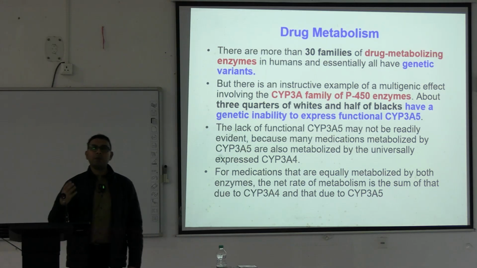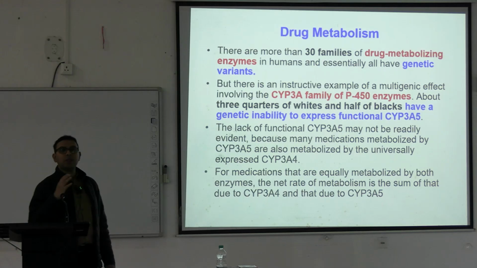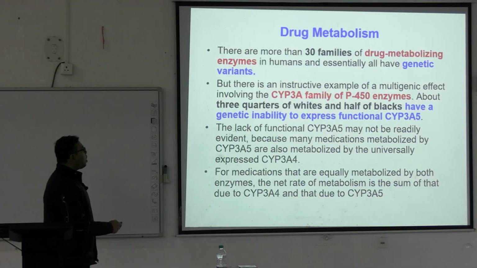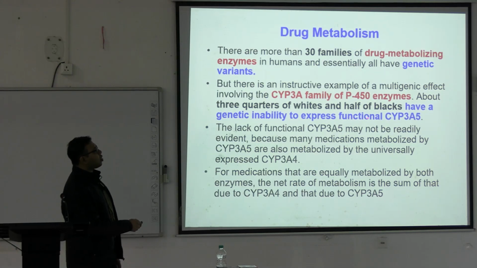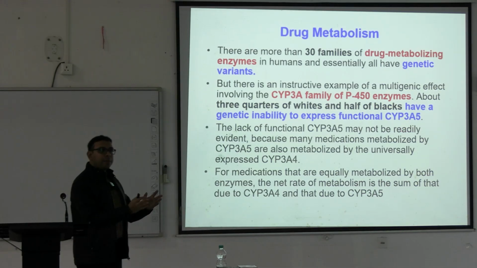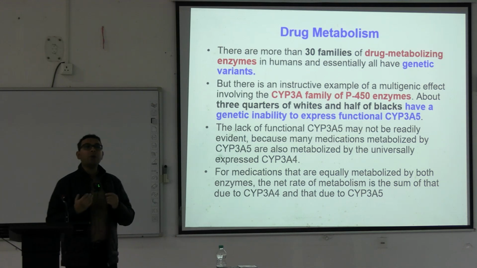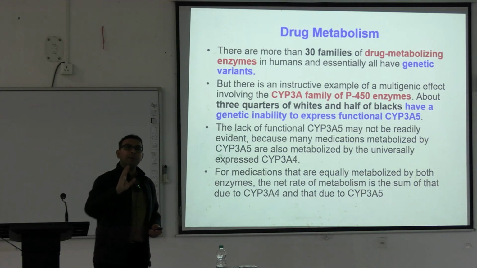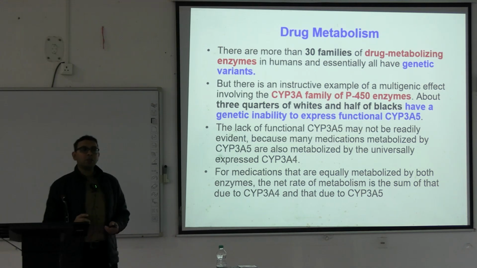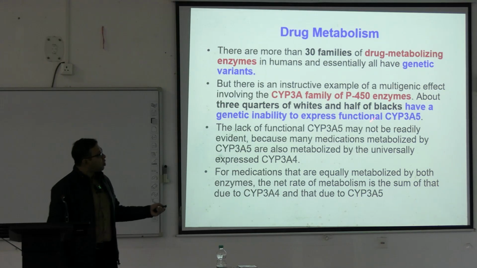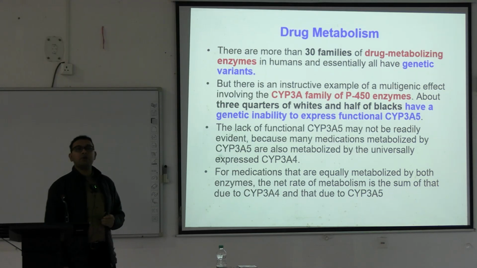Some may be less active, some may be more active in different individuals and in different ethnicities. There may be a genetic inability to express some functional enzyme, for example cytochrome 3A5. There may be some individuals or ethnic groups where this metabolizing enzyme is not present. In those persons, if we give some drugs, that may give rise to toxicity. Which drugs? Those drugs that are metabolized by cytochrome P3A5.